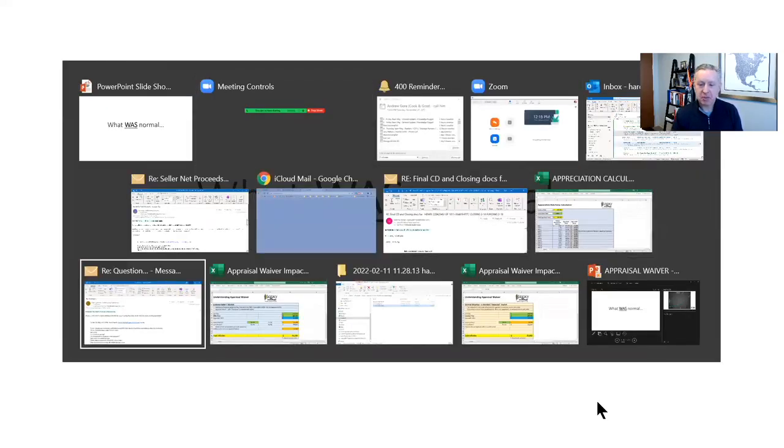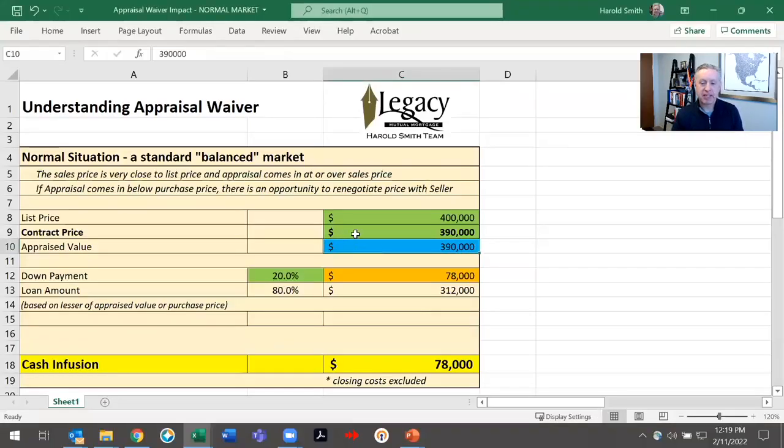So what I use is a spreadsheet that I've put together. Let me back this up just a little bit. That was used for where it was last time I used this with a client. How about not 4 million? How about 400,000? There we go. So normal. Let's say there's a $400,000 house.